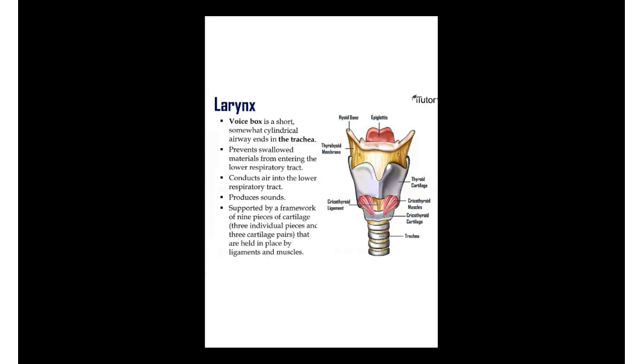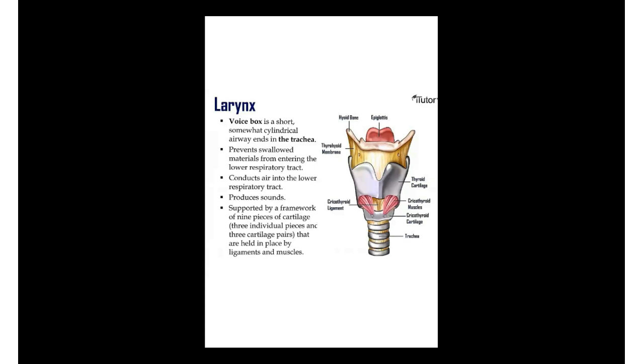Whenever I was teaching you the skeletal system, I told you that at the back we have the cervical bones, but in front we don't have any bone except the hyoid bone. Only the hyoid bone is present in the front of your neck.